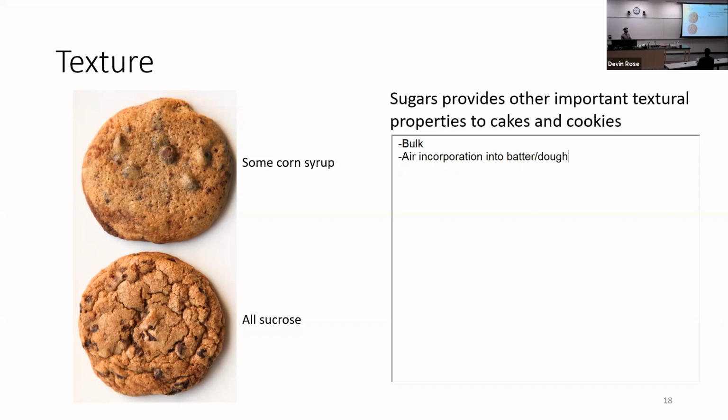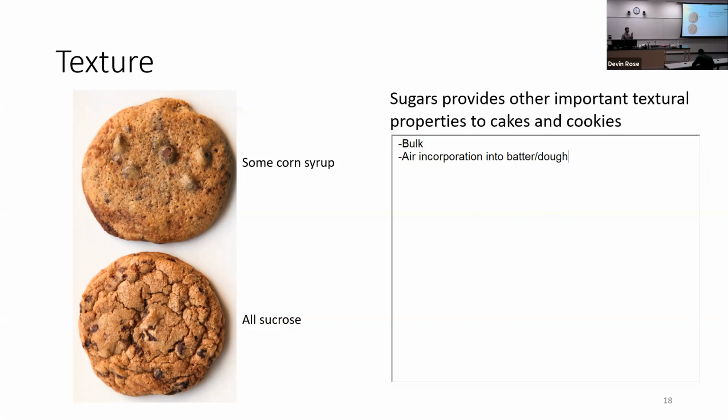In order for us to get even more air into the batter before it goes in the oven, sucrose does that, together with fat. So fat and sucrose are both going to be combined together and beaten together, and the combination of those two things, that beating, gets air into the batter so that we get all the leavening we can.